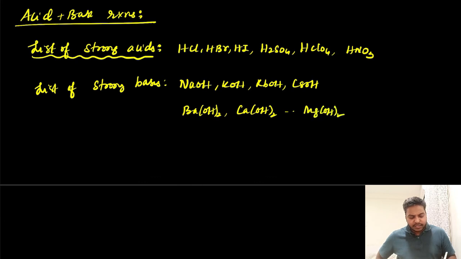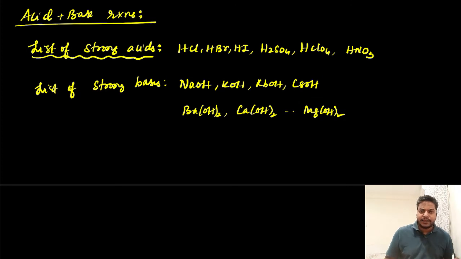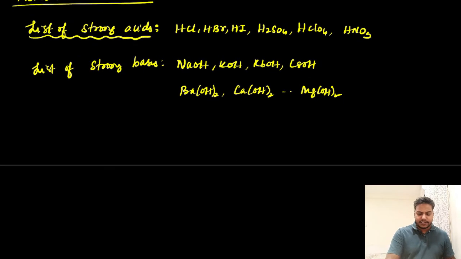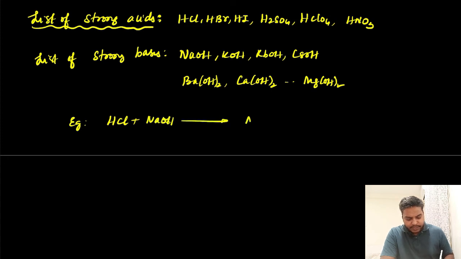It is not 100% strong, but we can put that in this category as strong bases. Now, when these strong acids and bases react with each other, they will form salt and water. For instance, if we take HCl plus NaOH, then we shall get NaCl plus H2O.